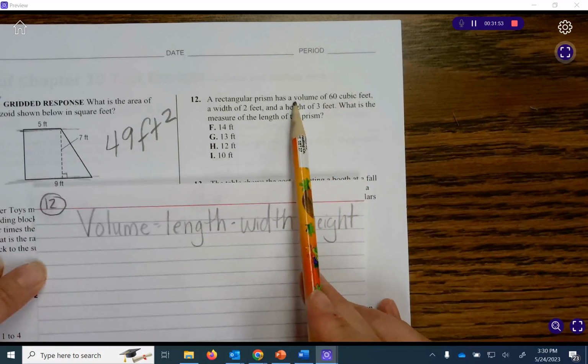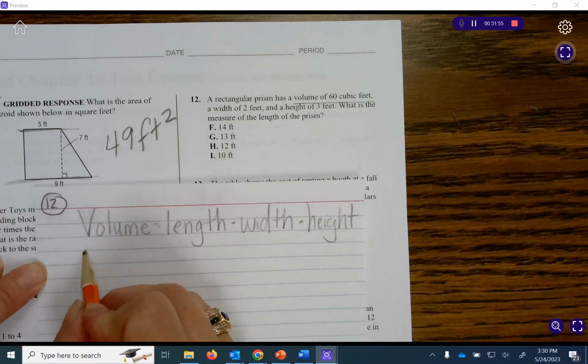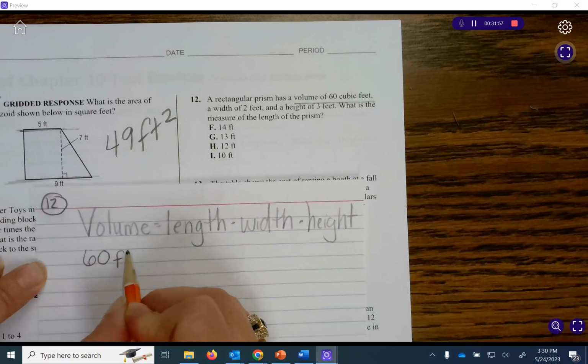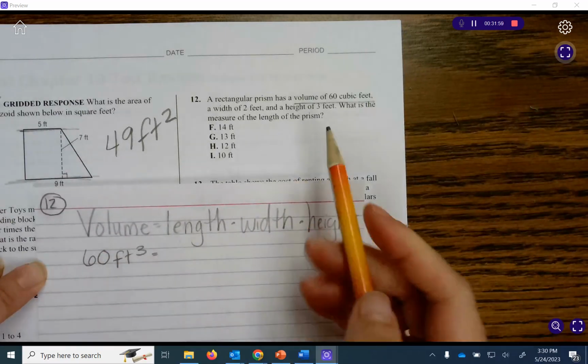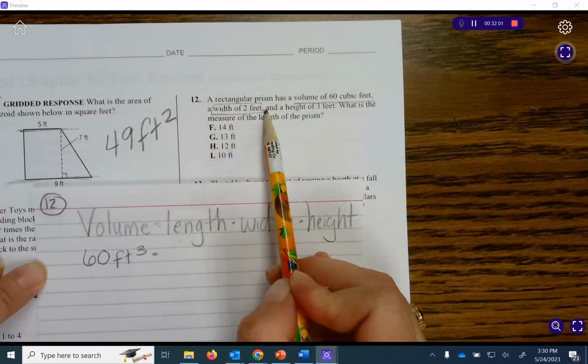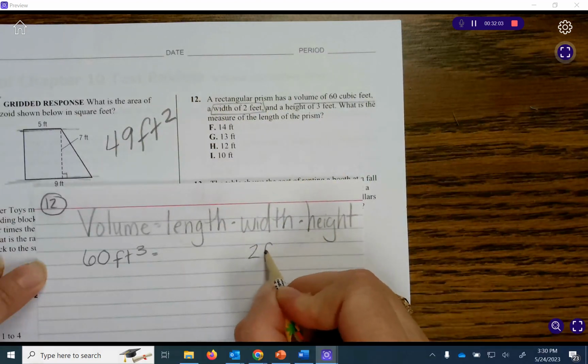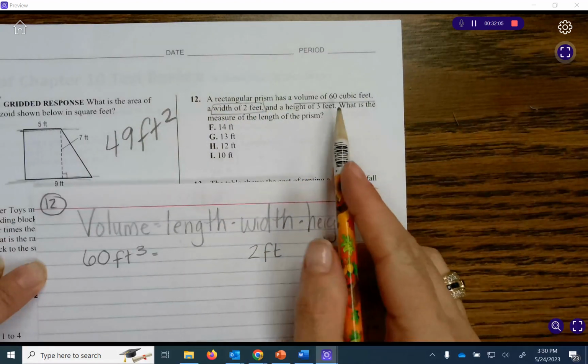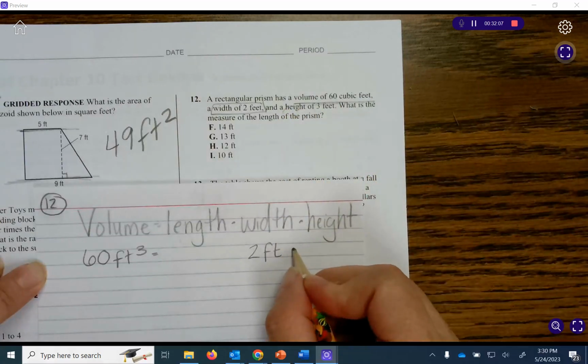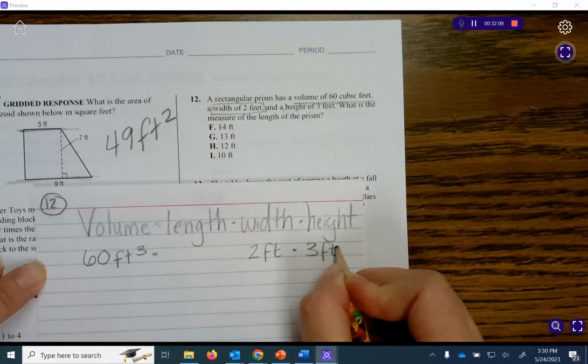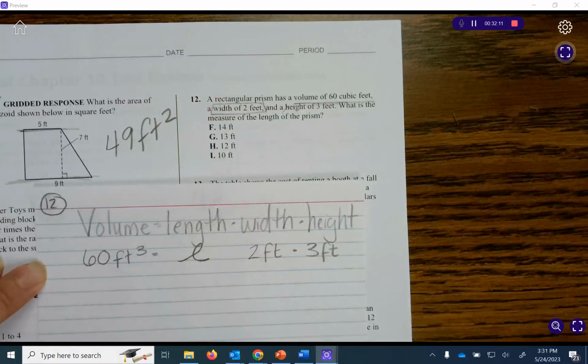And we are told that the volume is 60 feet cubed. The width is 2 feet, so I'm going to put 2 feet. The height is 3 feet. And we do not know the length.